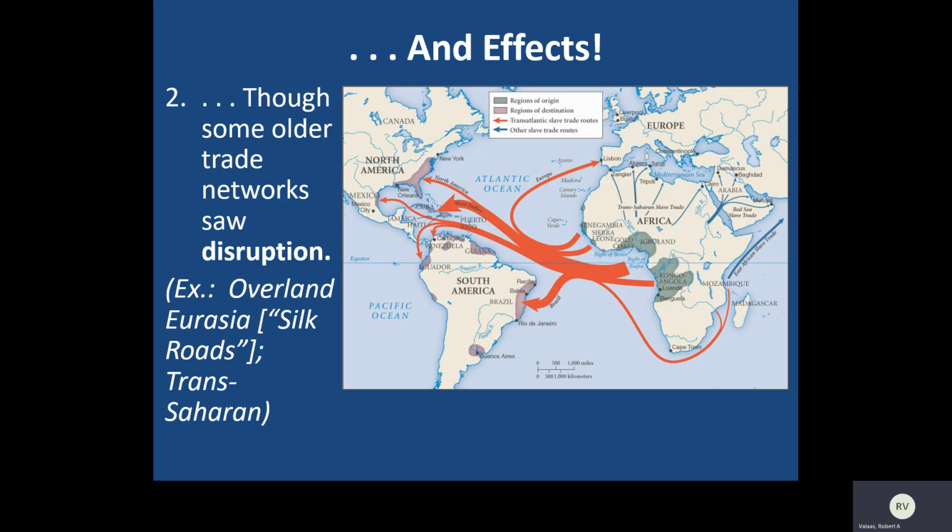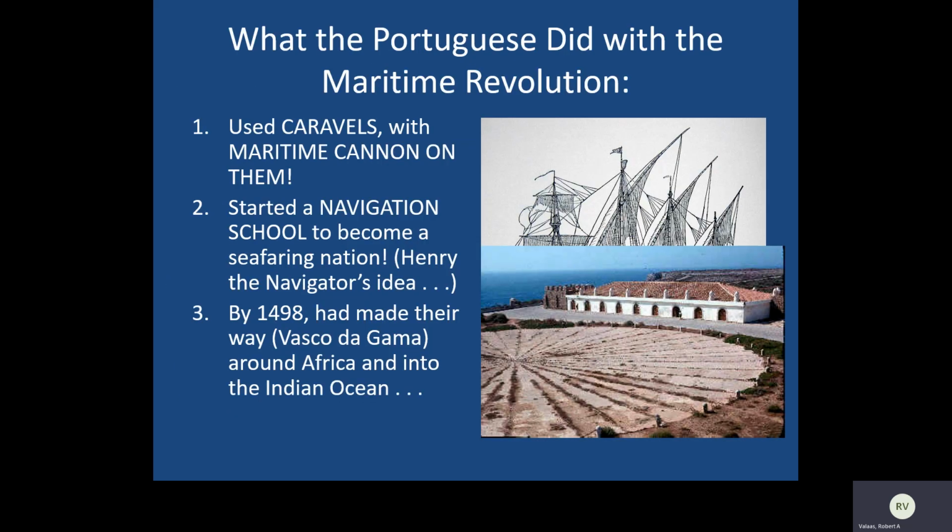So too, even more so, the Silk Roads, as it becomes easier to sail a ship from Europe and the Mediterranean all the way to East Asia rather than to take a long and arduous camel caravan journey across the Silk Roads. So let's remember that one of the effects of the shift to maritime trade worldwide is the decline of some of these older land-based trade networks.